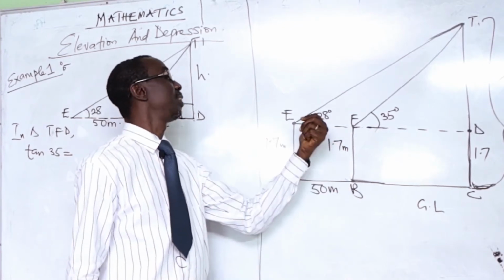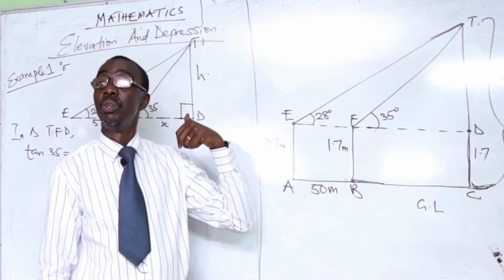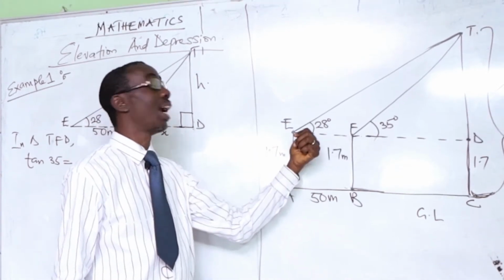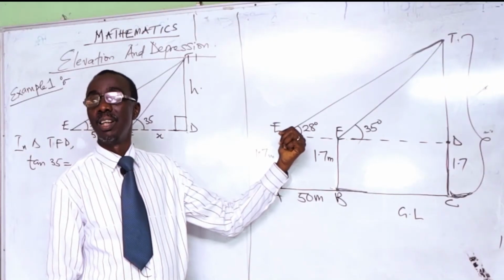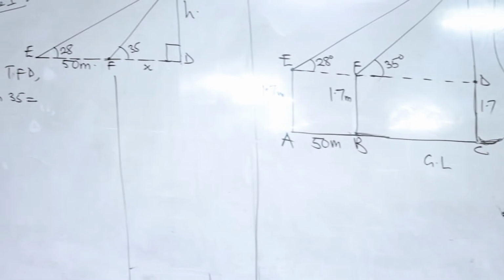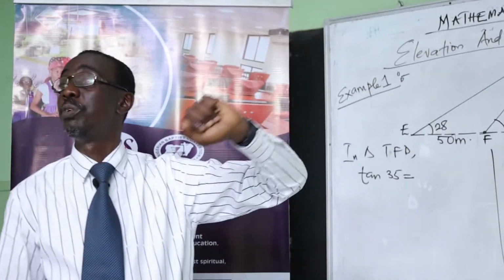What establishes this 28 is that the farther you move away from this angle, the lower the angle should become. Fundamentally, looking at me, I'm standing, I want to get the elevation of the top of the roof of this building.